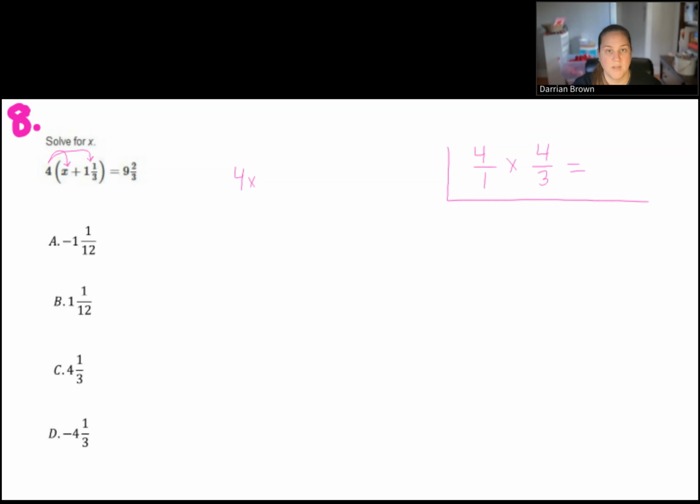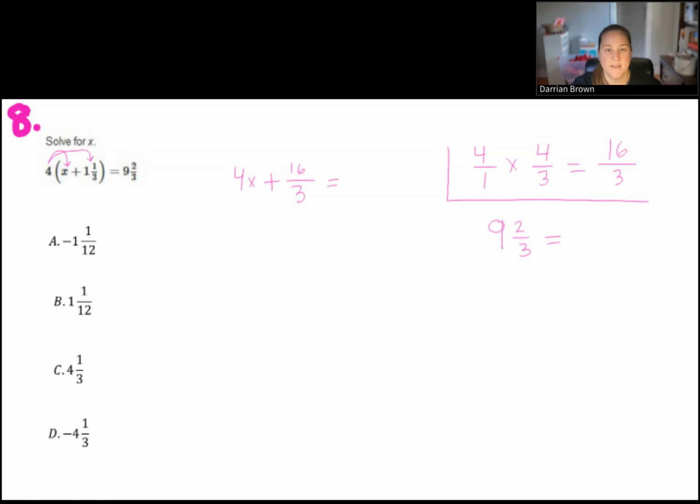Now we can multiply. Across the top, 4 times 4 is 16. 1 times 3 is 3. So 4 times 1 1/3 is 16/3. So plus 16/3 equals 9 2/3. Let's change 9 2/3 to an improper fraction as well.